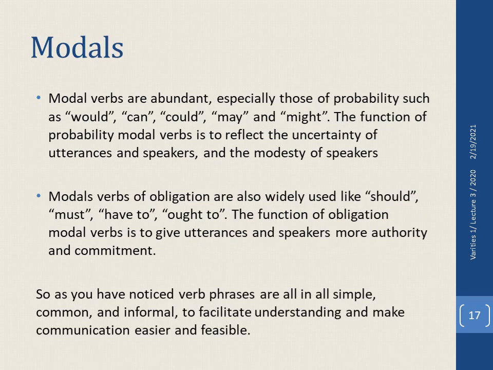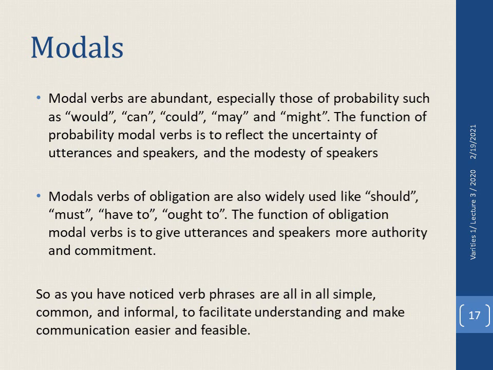Now, modal verbs are abundant, especially those of probability, such as would, can, could, may, might. I'm sure you are all familiar with these modal verbs. The function of probability modal verbs is to reflect the uncertainty of utterances and speakers and the modesty of speakers. Modal verbs of obligation are also widely used, like should, must, have to, ought to, and others.